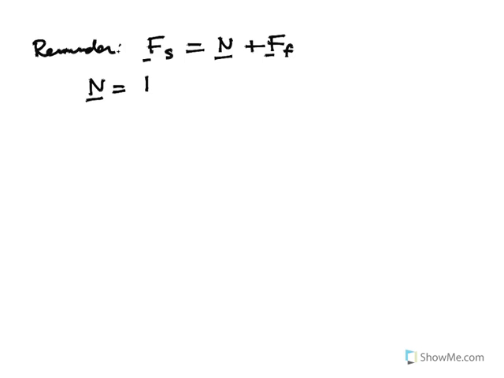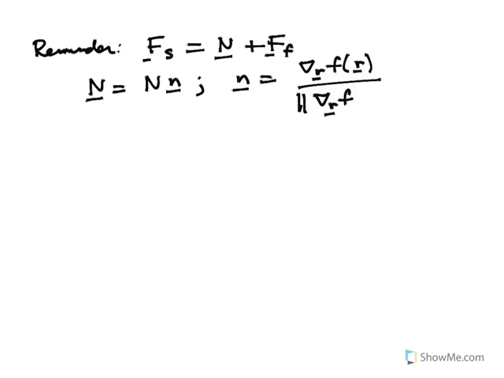And again, we'll just remind that the force exerted by the surface is equal to N plus F sub f, where N is equal to N times the unit vector normal to the surface, and that vector, n, is the gradient with respect to R of the function that defines the surface divided by its magnitude. And F sub f is equal to some coefficient B times the velocity as viewed by an observer fixed to the surface.